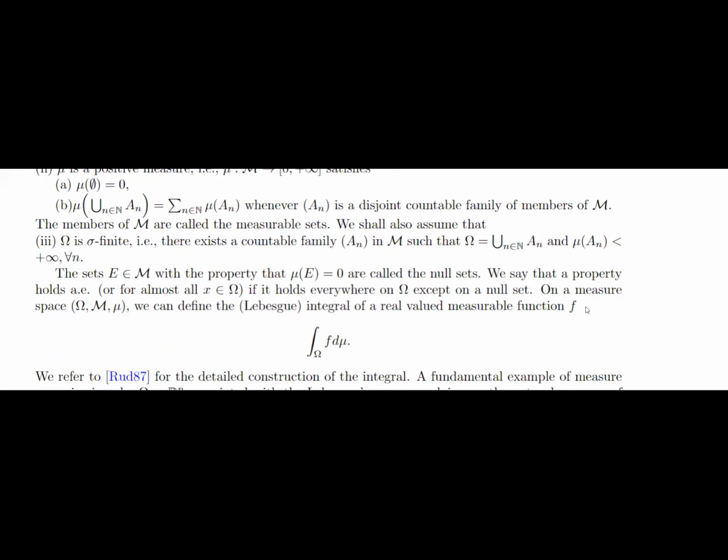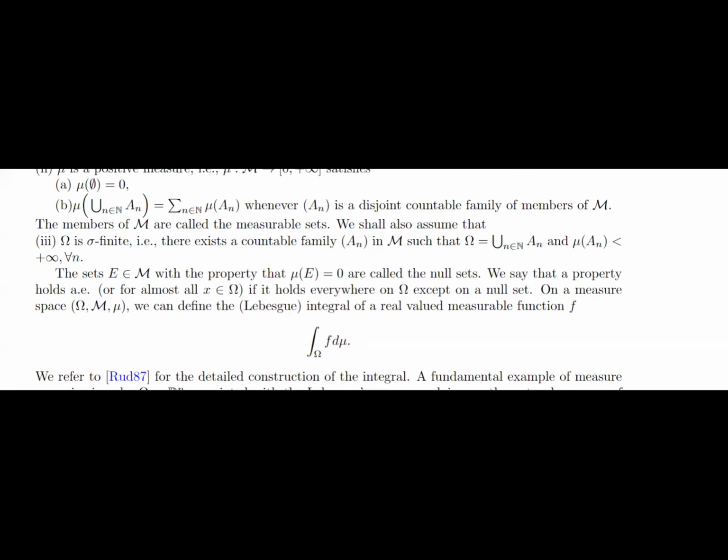And so when you have that, you can define the integral of f. For example, I refer to the book of Rudin, but there are many others for the detailed construction of the integral.